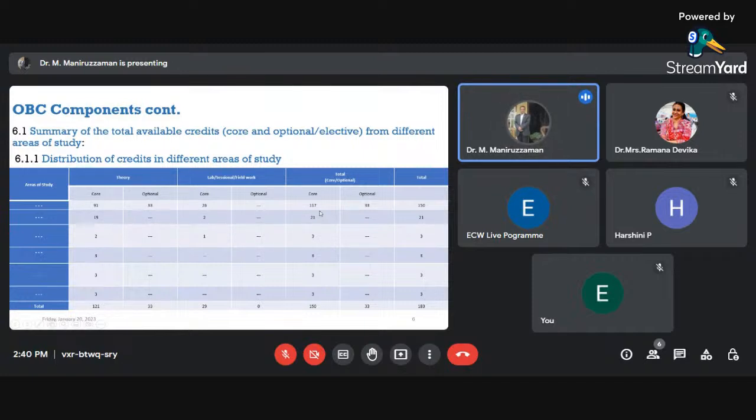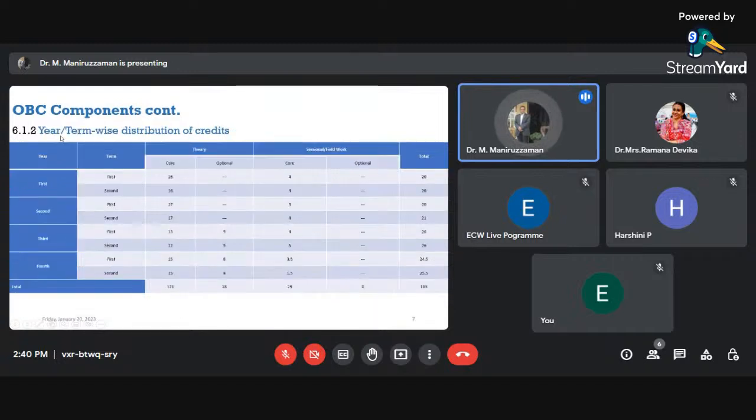In this way, we have to distribute the credits in different areas of study. And here you see term-wise or semester-wise distribution of credits. For example, first year, the same similar things happen to all the years. I'm here explaining the first year only. First year may have 2 terms or semesters, first semester and second semester or term.